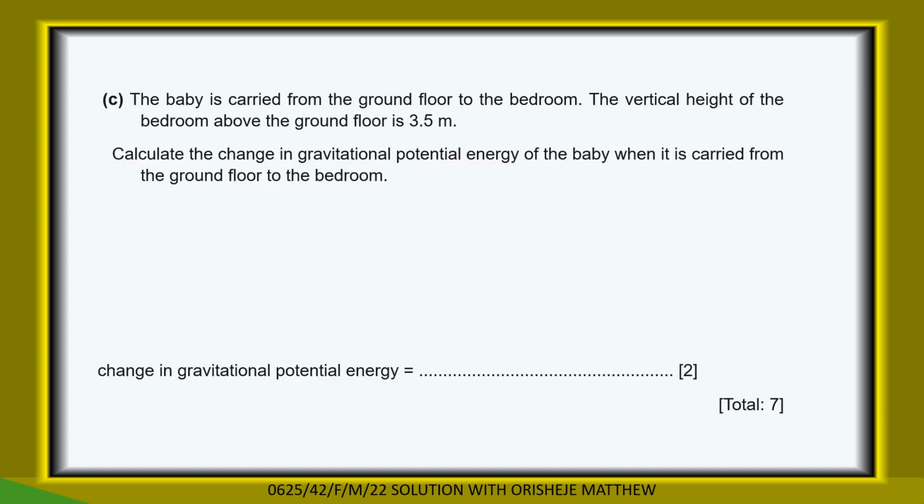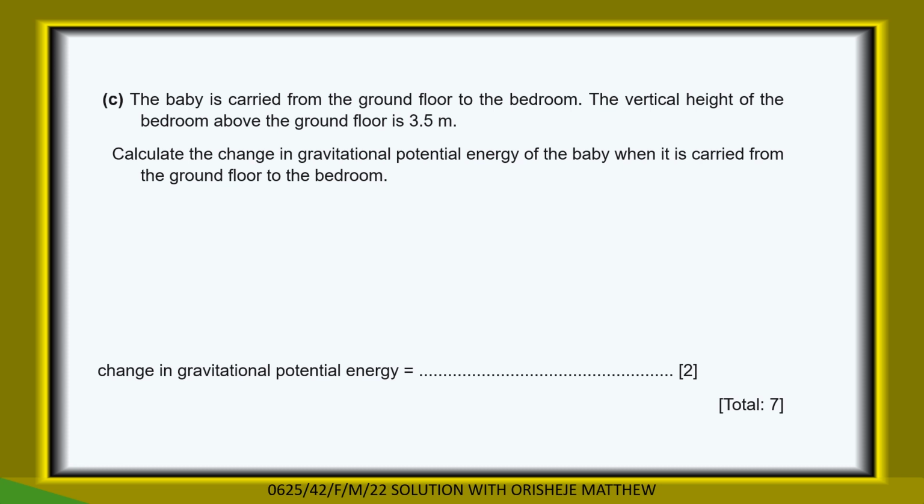The baby is carried from the ground floor to the bedroom. The vertical height of the bedroom above the ground is 3.5 meters. Calculate the change in gravitational potential energy of the baby when it is carried from the ground floor to the bed.